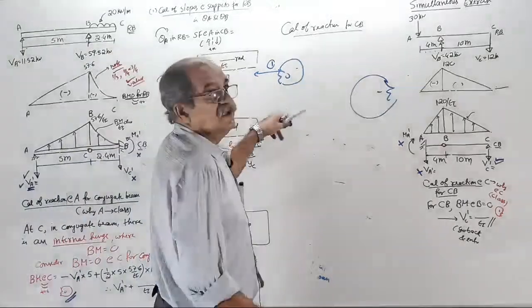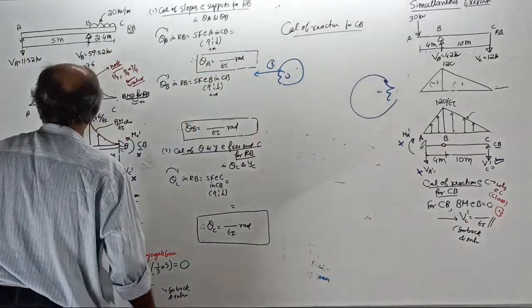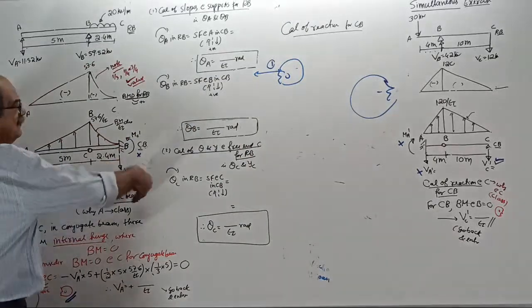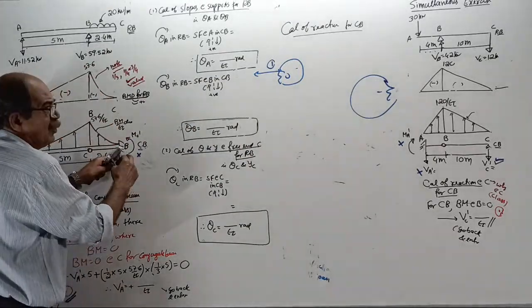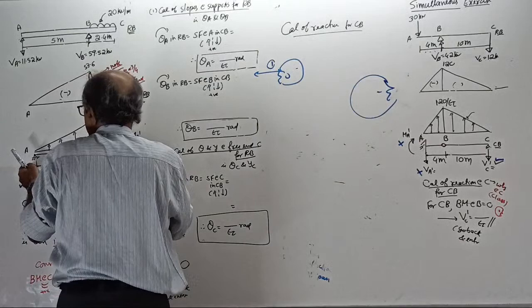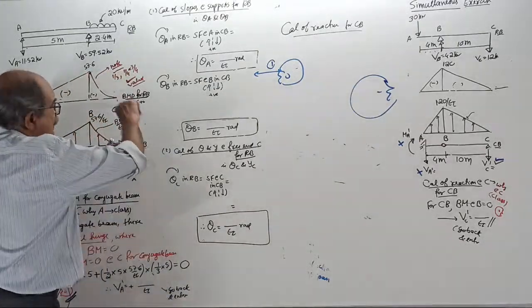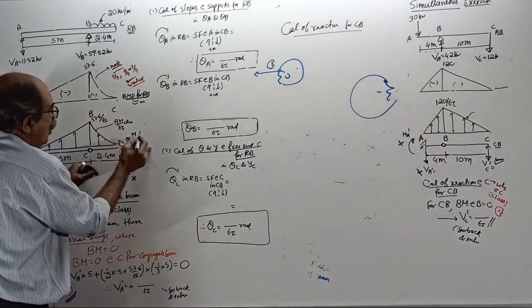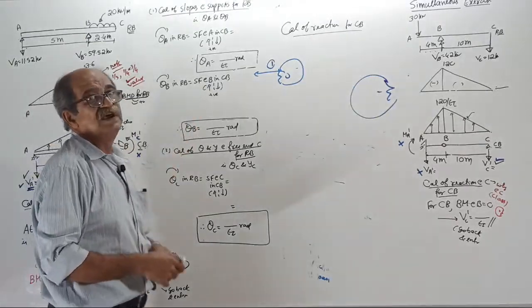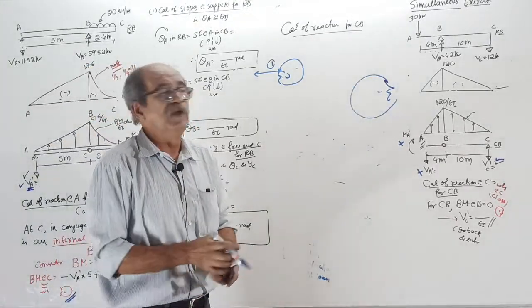very important. Do not take moment about A, because if you take moment about A, this will come. Do not take moment about B either. If you take moment about B, VA dash will come, and MC dash also will come. For this case, a special case, do one thing.